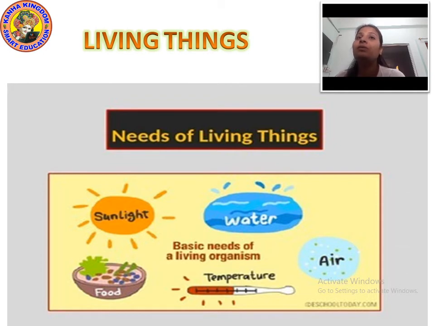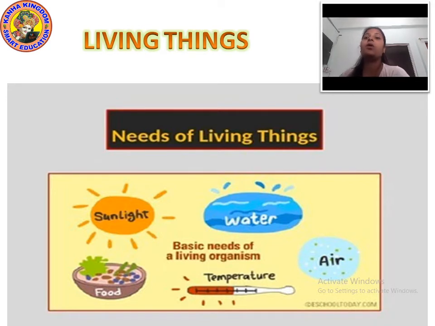Needs of living things. I have already told you what living things need: air, water and food. These are all basic needs of living things. Now there is one more thing that living things need, that is sunlight.